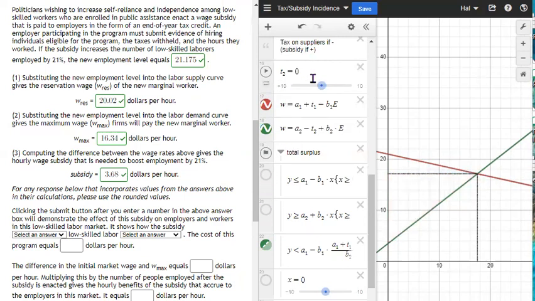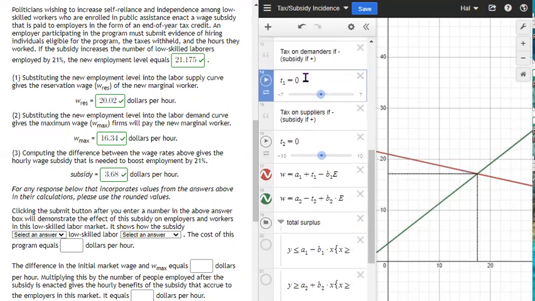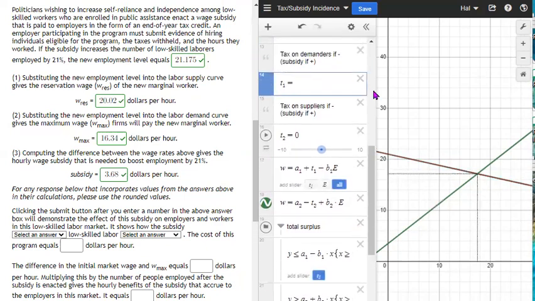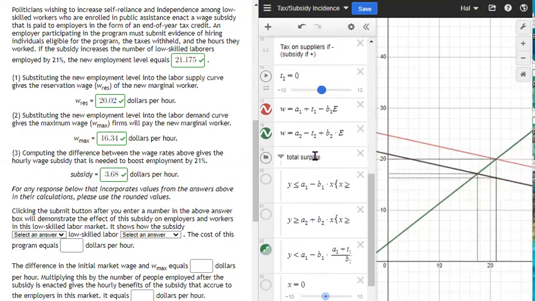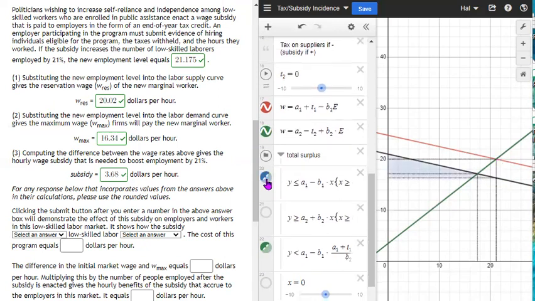When we set the subsidy equal to 3.68 and we give that to the employer, that shifts the labor demand curve out to this red line. We have a new market wage, right? The new market wage is just above $20.02, right? In my model, if I click on this, here, the worker is being paid, right?